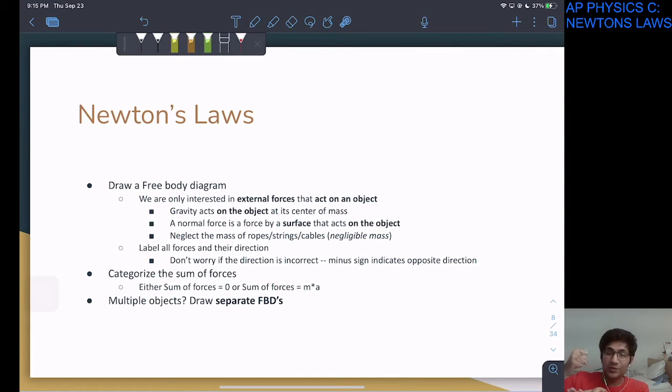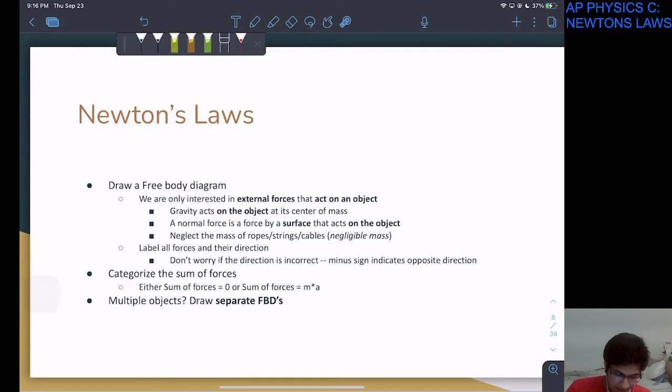But then due to Newton's third law, there's also a normal force pointing upwards, which is the force by the surface of the table that's acting on the box. And right now we can neglect the mass of ropes, strings and cables. We can just say that they're negligible.